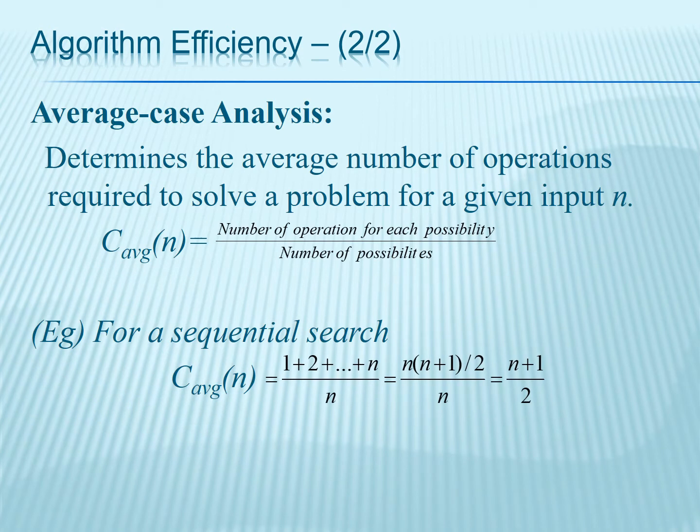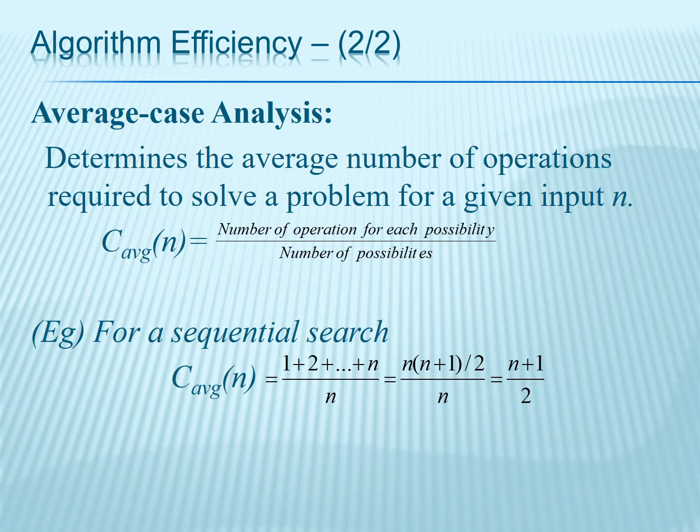Average case analysis determines the average number of operations required to solve a problem for a given input n. Hence, C average of n is given as number of operations for each possibility divided by the number of possibilities. Hence, for a sequential search, if the search element is present as the first element, the number of comparisons done is 1.